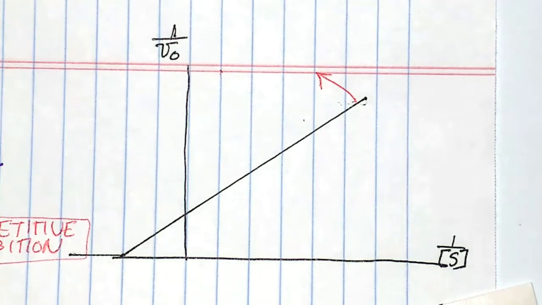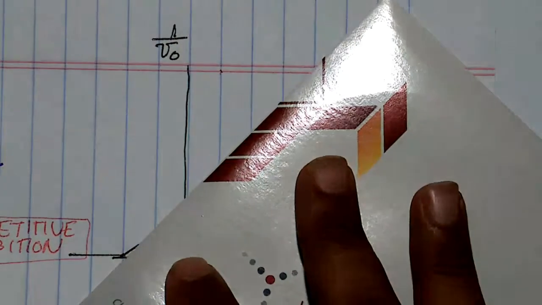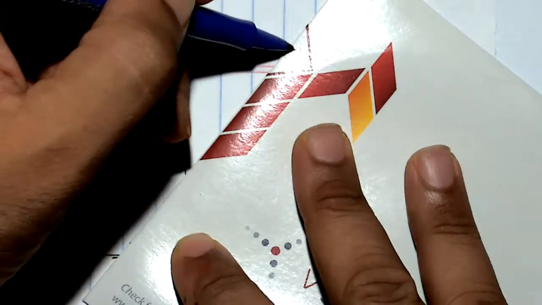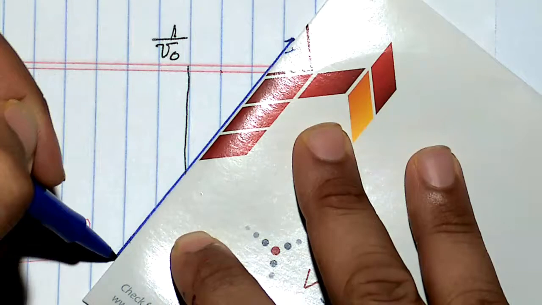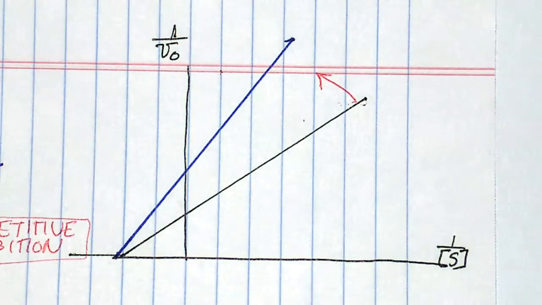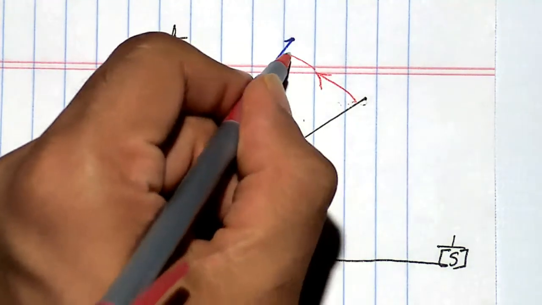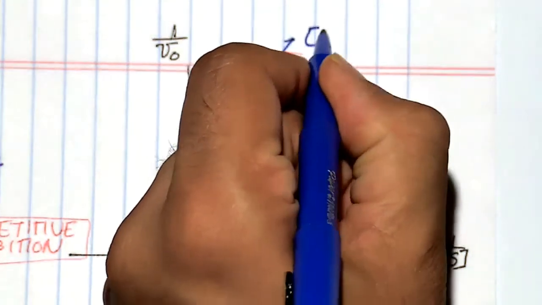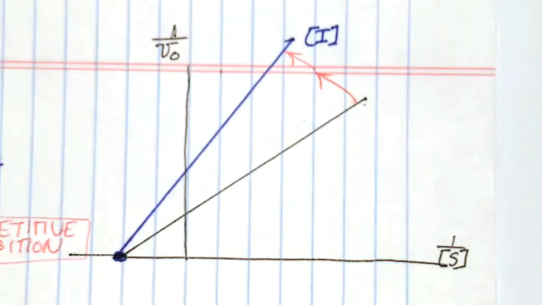And if you have a pure non-competitive inhibition, this is what you'll see. In pure non-competitive inhibition, you'll have a common x-intercept. So this is in the presence of the inhibitor I.